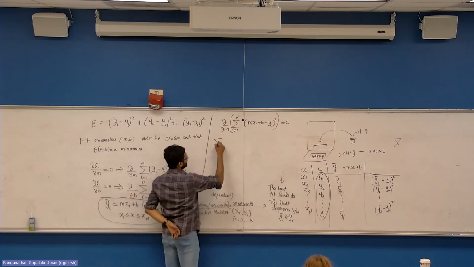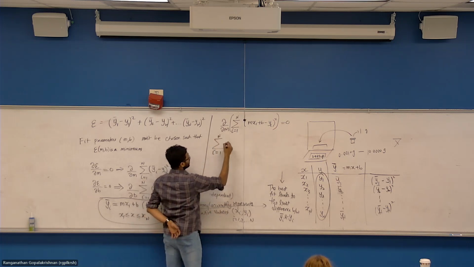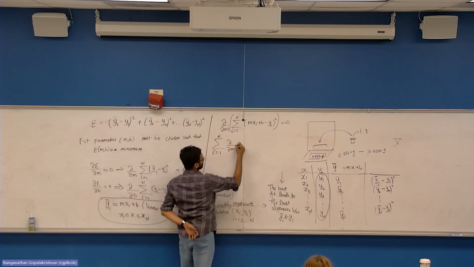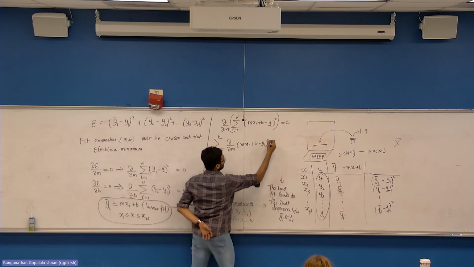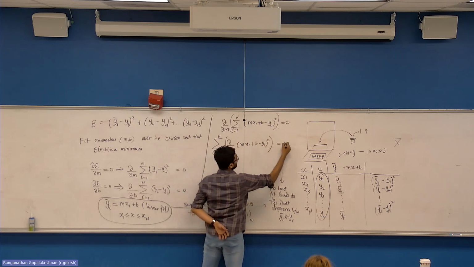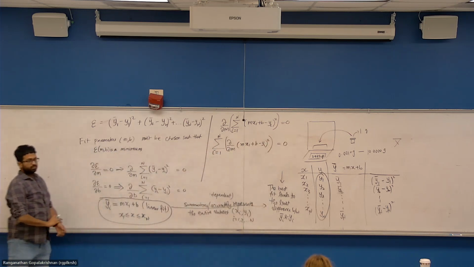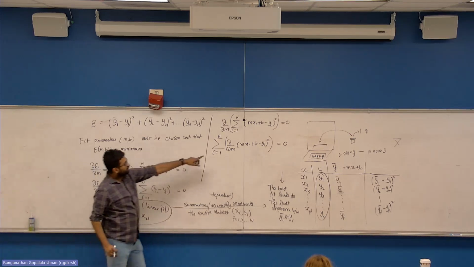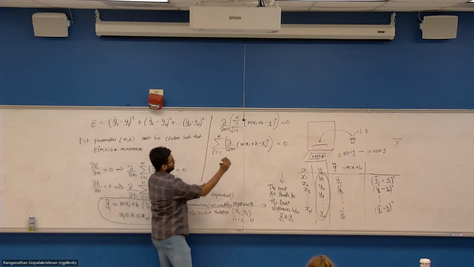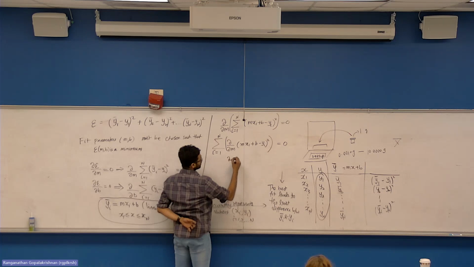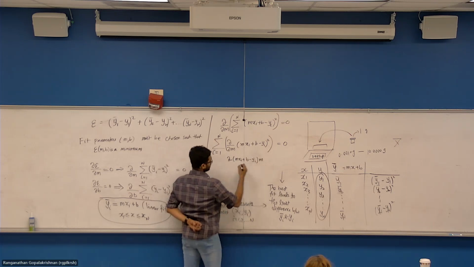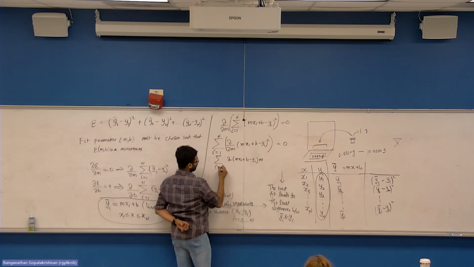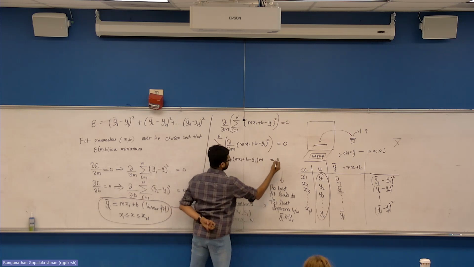So I'm going to write this as i equal to 1 to n, partial over partial m, m xi plus b minus yi squared equal to 0. Can you do this differentiation? That will be 2 times m xi plus b minus yi times m, summation i equal to 1 to n equal to 0.